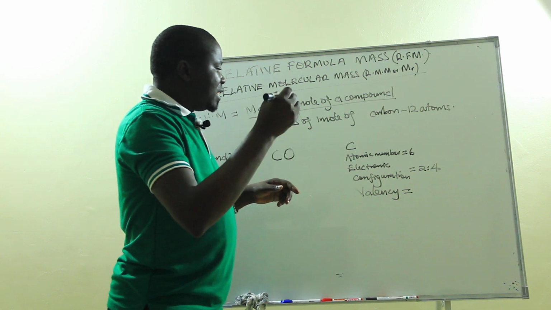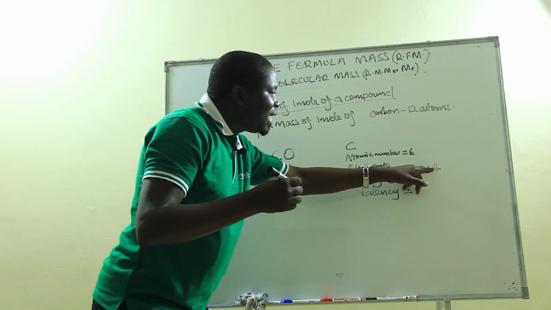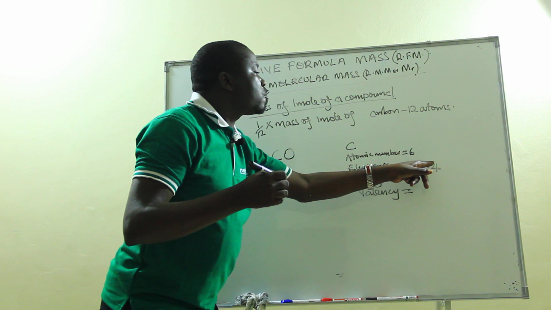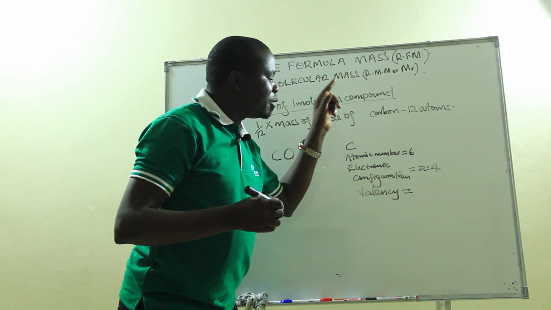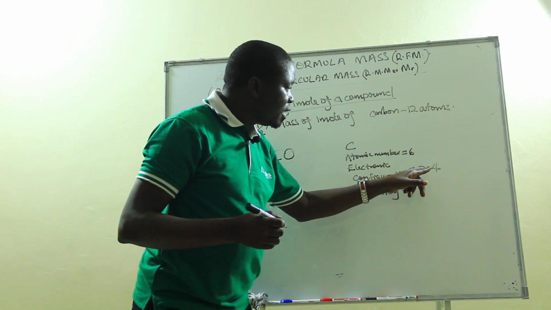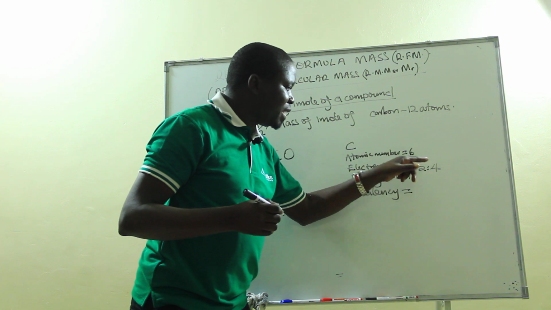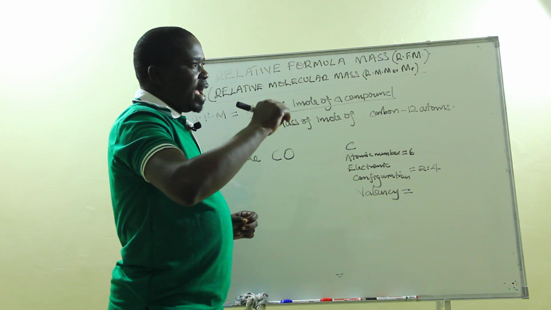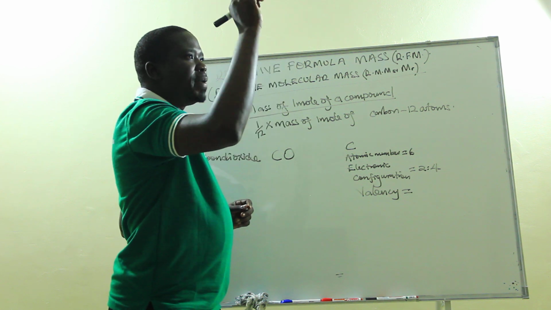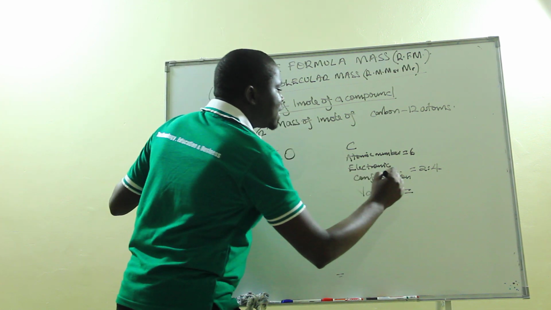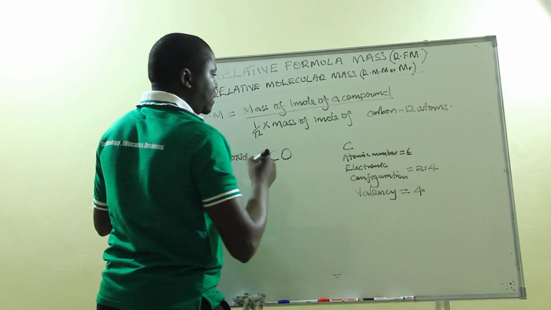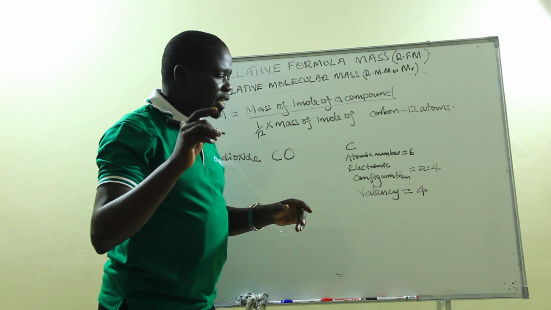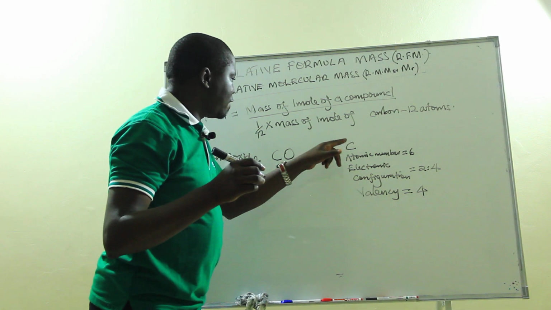It is the same as the number of electrons required to fill the outermost shell. I need 4 more electrons to fill it, so I subtract 4 from 8, which gives 4 as the valency of carbon. We expect a candidate to know how to get the valency of an element.